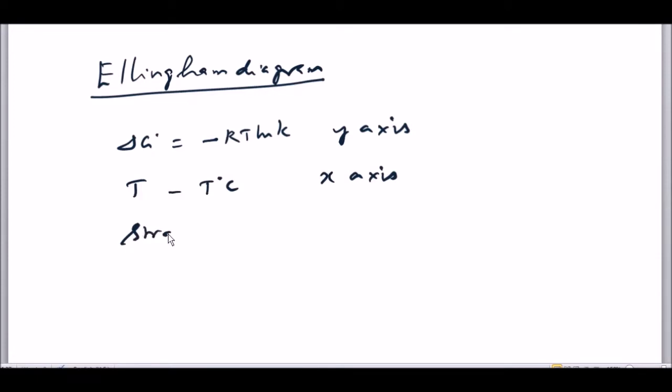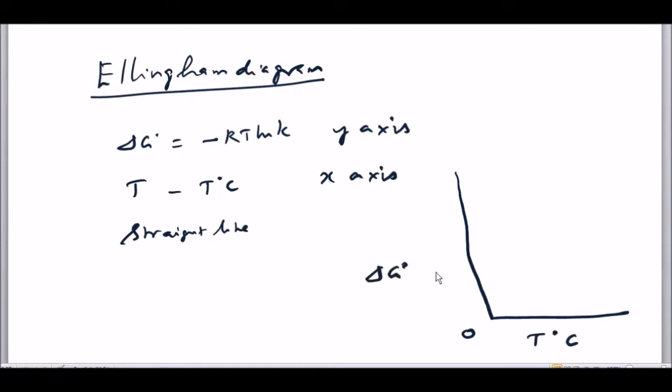We are getting various straight lines. So this is the plot. You see the temperature on the x-axis and delta G naught on the y-axis, and we are getting various straight lines like this.